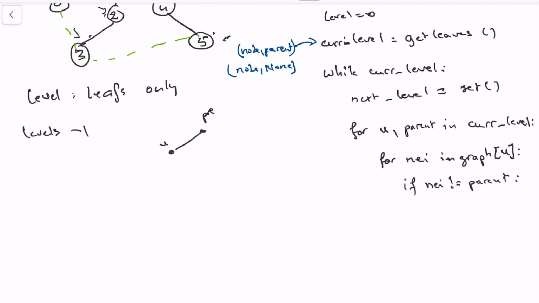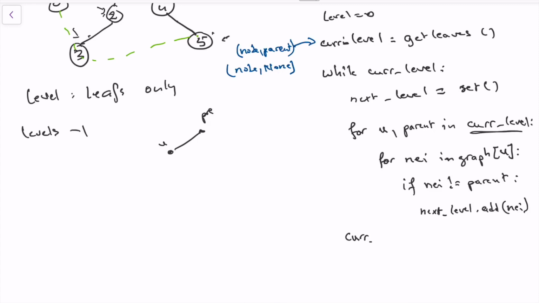And so adding it to next level means just take the next level and add that neighbor. And now once we are done, since we want to process the next level and the while loop checks the current level, we'll make the current level the next level that we just filled up. Since we finished all the content of the current level, we can override it now with the next level.